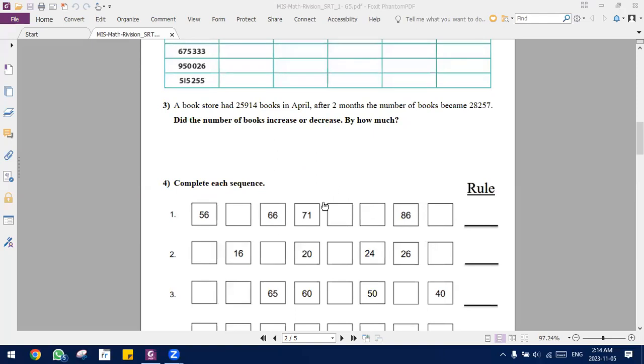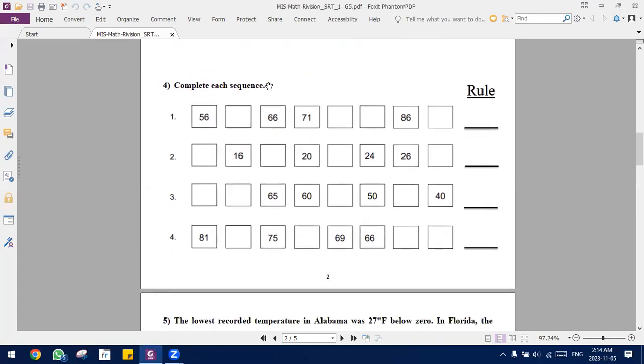Now, question number 4, it says complete each sequence. Now, as you know, what's the sequence? Sequence is basically when we have numbers following the same rule. As you see here on the right side, we should write the rule. So let's see in the first example, what does that mean? I have some empty boxes, I need to fill them. But in order to understand the rule, I need two consecutive numbers, or two numbers next to each other.